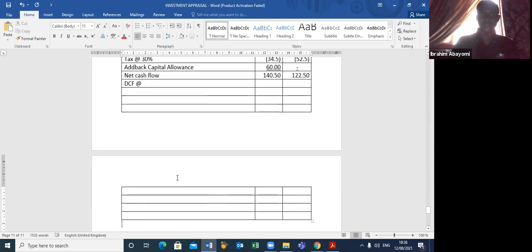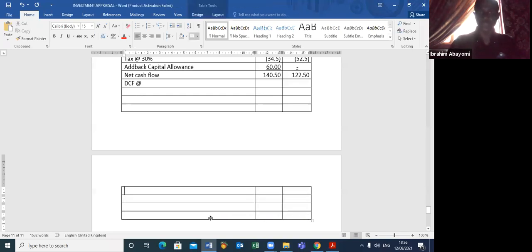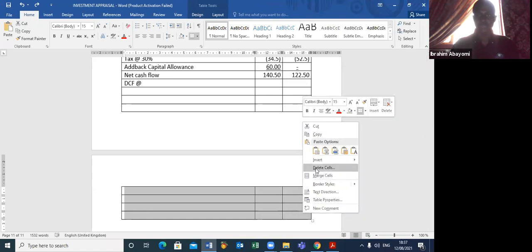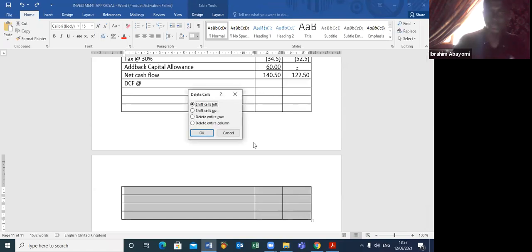Before we discount, let us go and sort our other cash flows. Let me delete all this. We need to sort our other cash flows. Delete entire row.